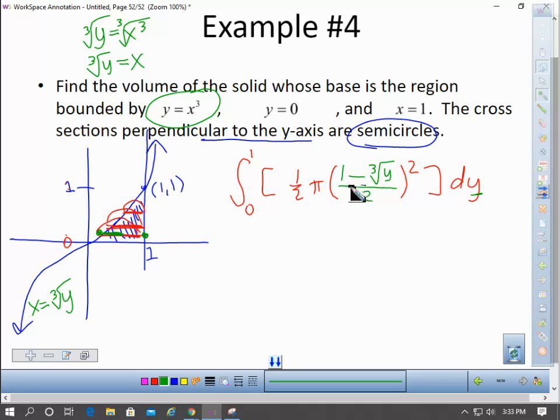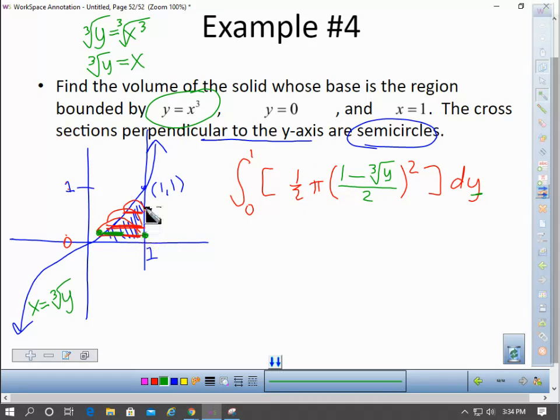So my radius, just let me backtrack a little bit. We're doing semicircles. So the formula for a semicircle is 1/2 pi r squared, because it's half a circle. So we need to figure out the expression for the radius. Your radius on each of these semicircles is only half of this distance between these two functions. So you're going to do right curve minus left curve, but that's this whole distance, and we have to divide it by 2.